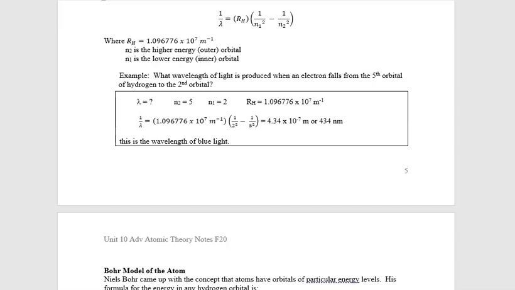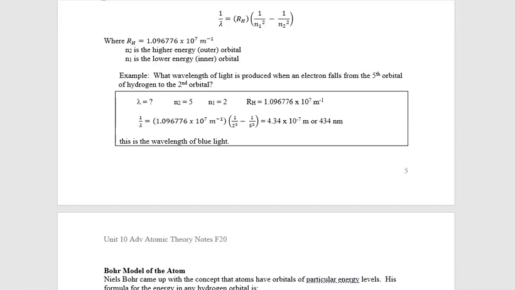Now, remember we said we express wavelengths of light in nanometers. That's 10 to the minus 9th. So all you have to do is a simple conversion: 1 nanometer for every 10 to the minus 9th meters.